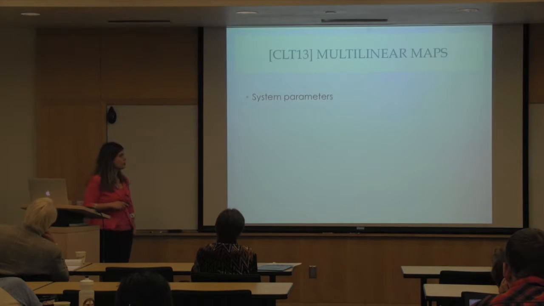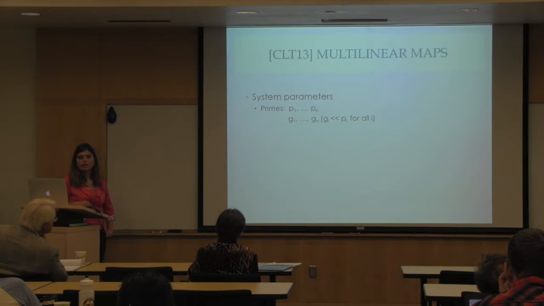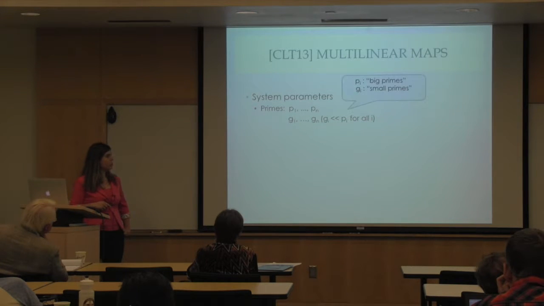Let's first see what the system parameters are, or the instance generation. We have two sets of primes, p1 to pn and g1 to gn, where the primes g sub i are much smaller than the primes p sub i. We call them big primes and small primes.